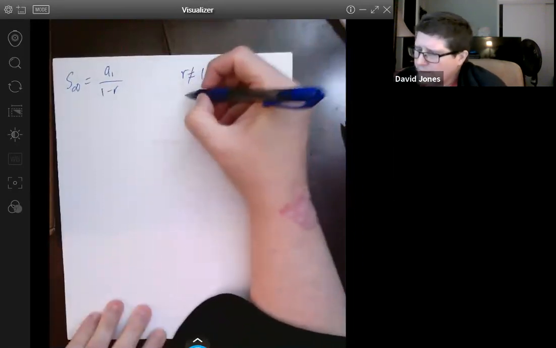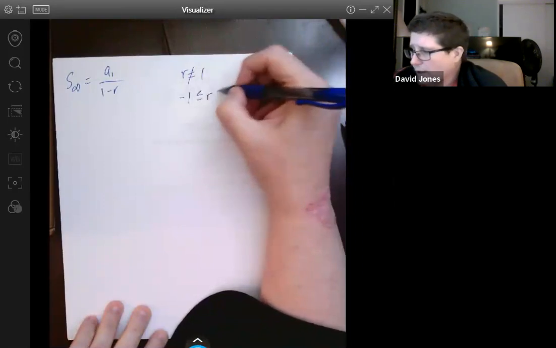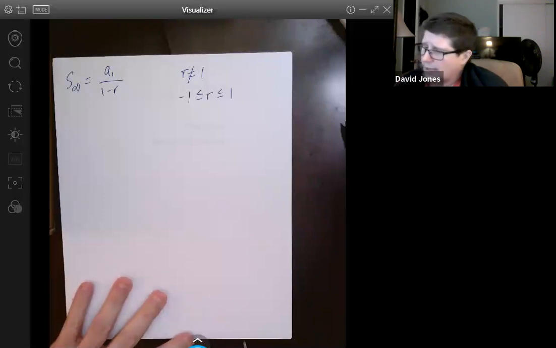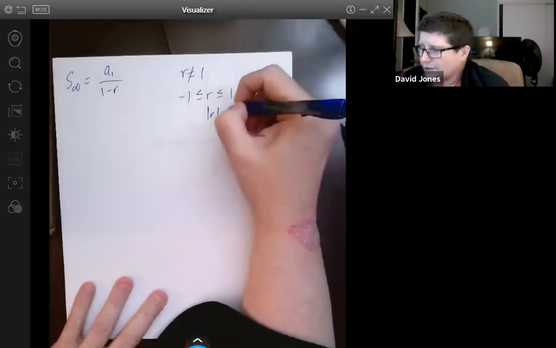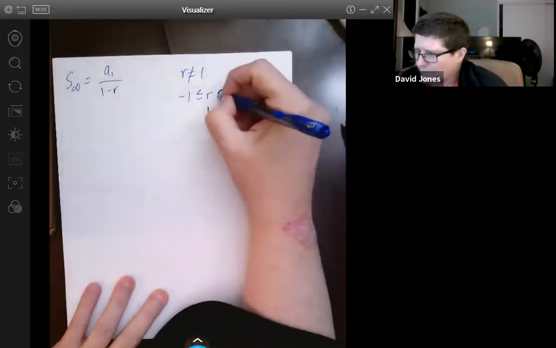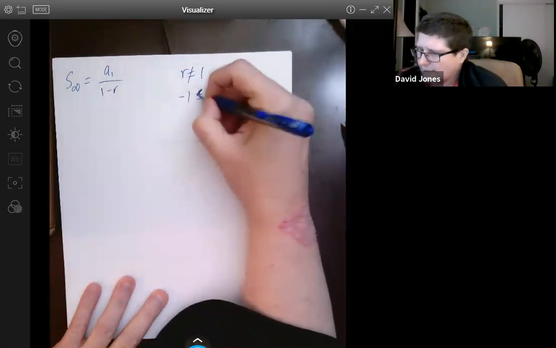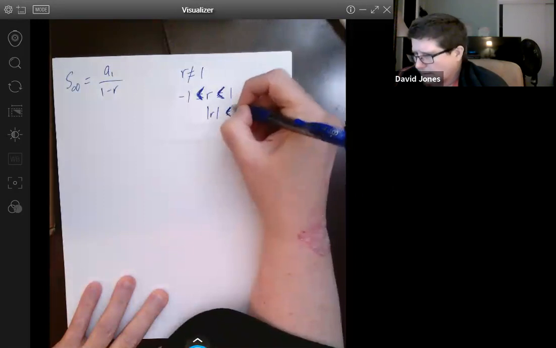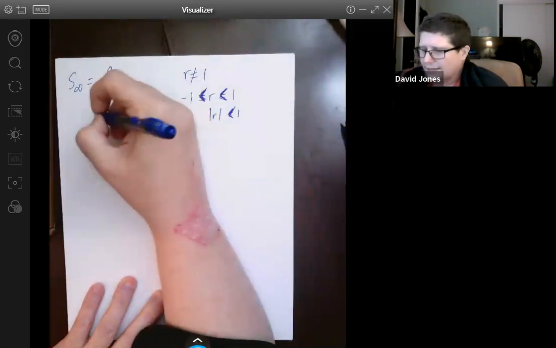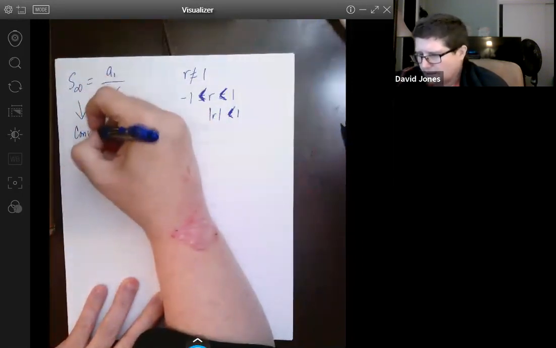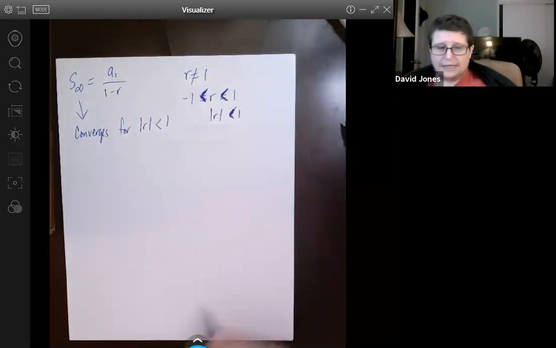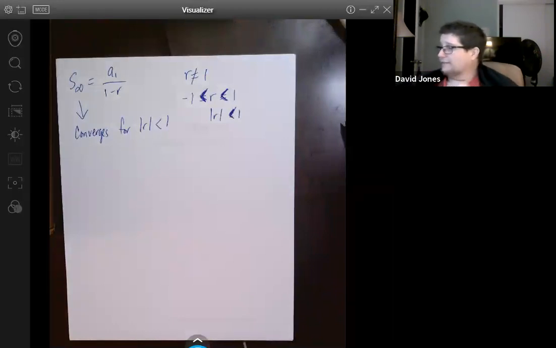And if r is a fraction, if it's between negative 1 and 1, this is the same thing as saying the absolute value of r is less than 1. I can't have equals. If the absolute value of r is less than 1, this converges. Just like in our last problem, r was 1/5, the sum converged to 5.